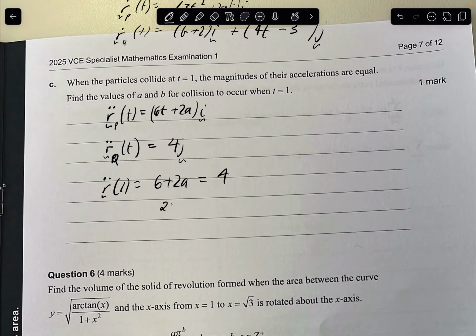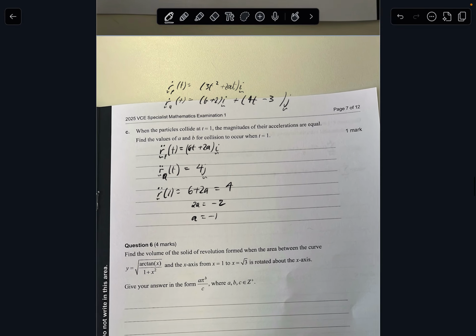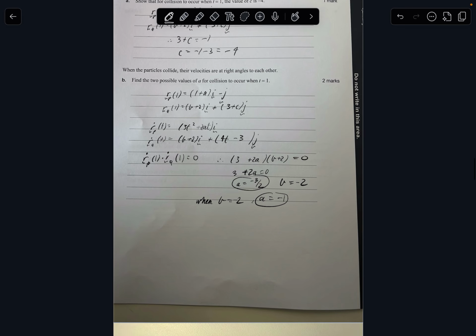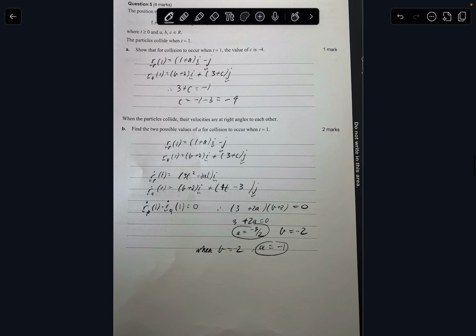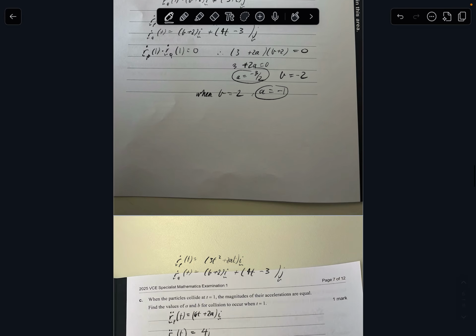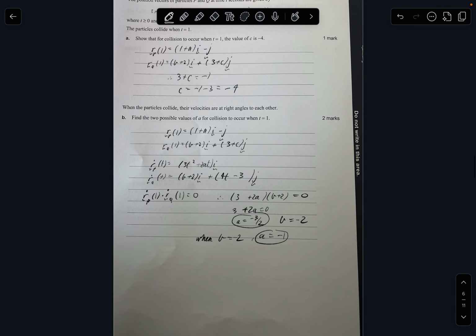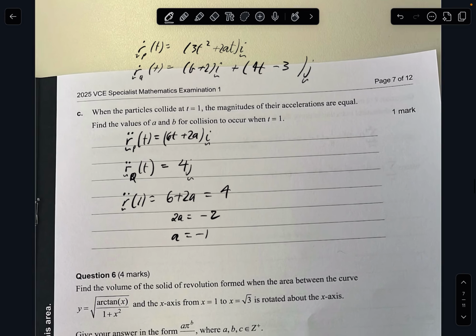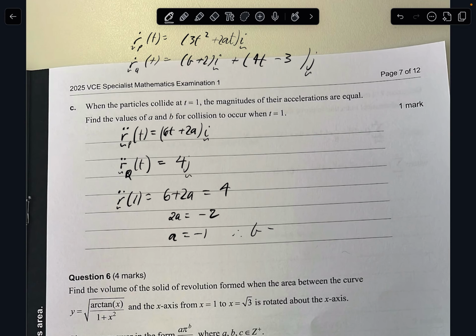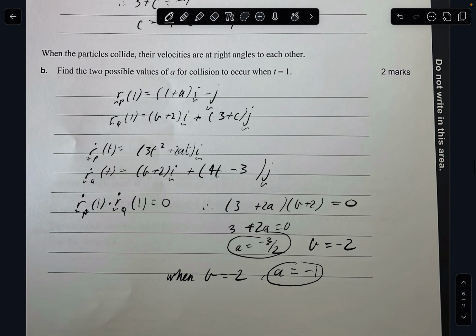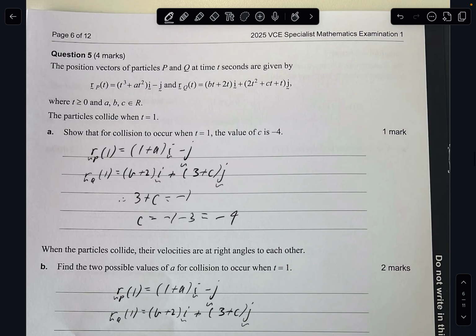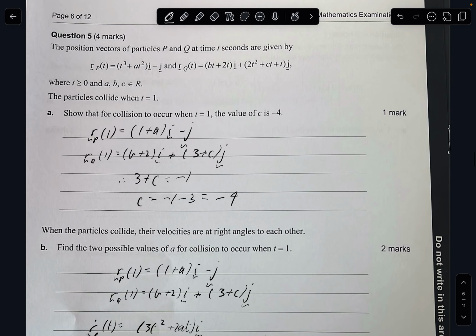So 2a should equal negative 2. a is equal to negative 1, and then we can use that to find b, because we know that rp of 1, so if a is negative 1, then b will be negative 2. Is that right? I think so.